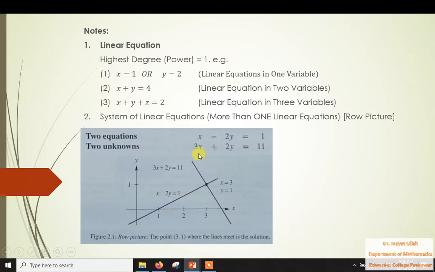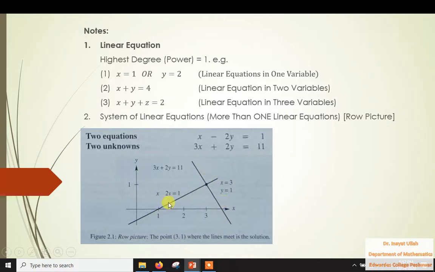And whenever you draw 3x plus 2y is equal to 11, you will get this kind of linear graph. Remember that the graph of a linear equation always represents a straight line. So the first equation represents the first straight line, and the second linear equation represents this second line.